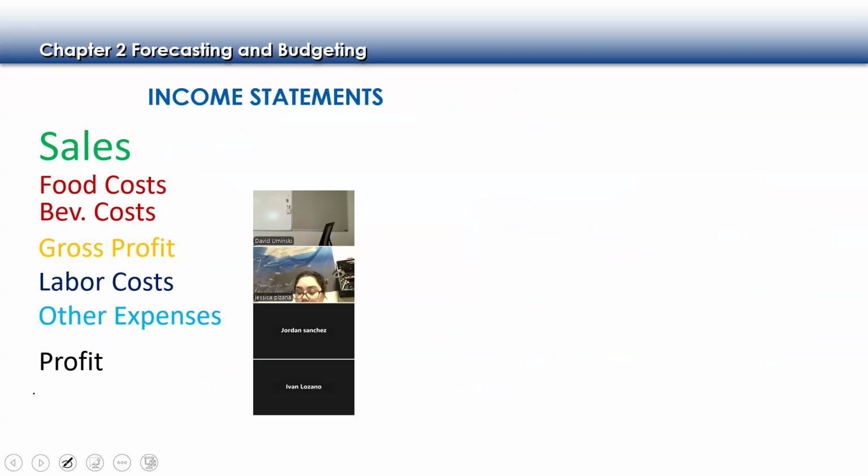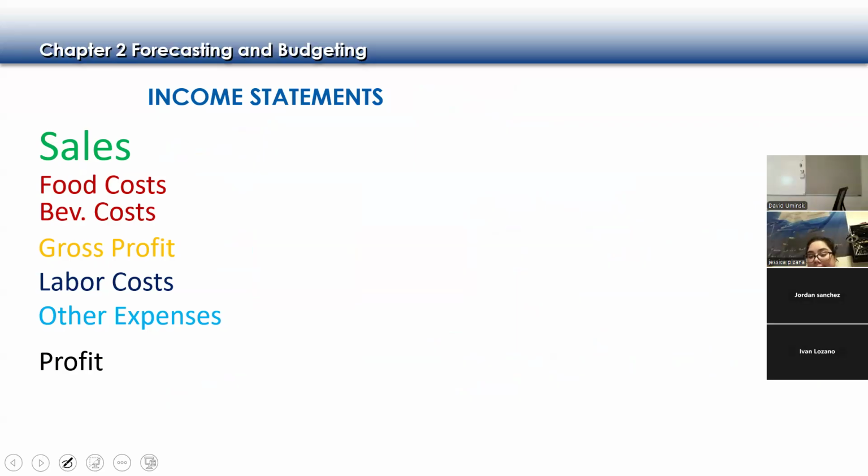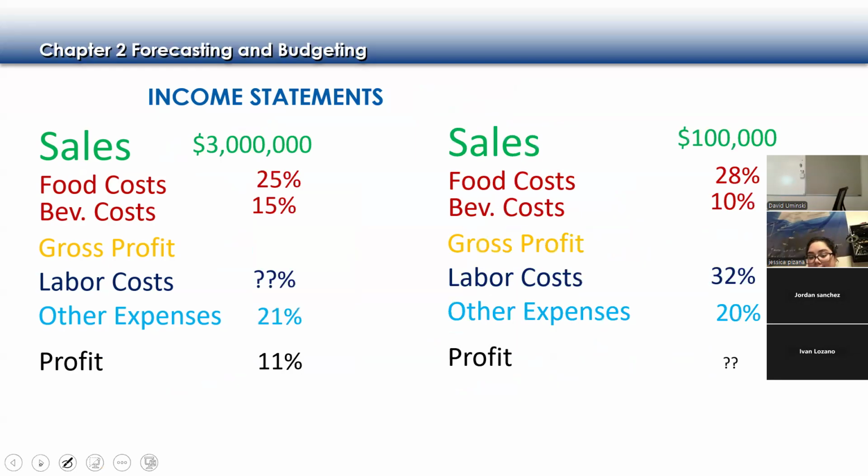The reason why I wanted to go into this was because there's one question on your final exam that we're going to take in 14 weeks that basically says, what is my labor budget? How much money do I have for a labor budget if my sales are $3 million? Well, there's no number here. How do we find that number?